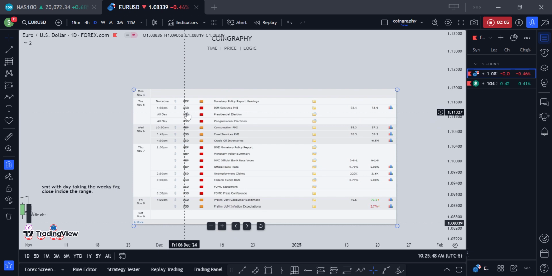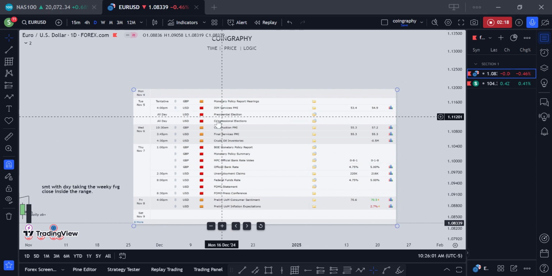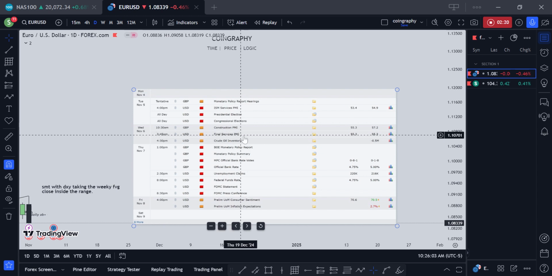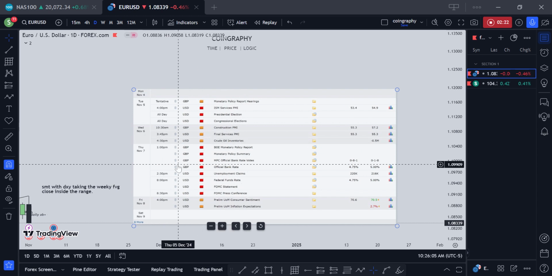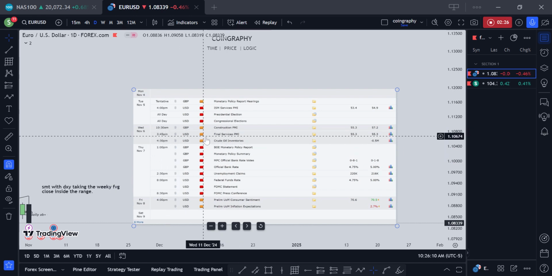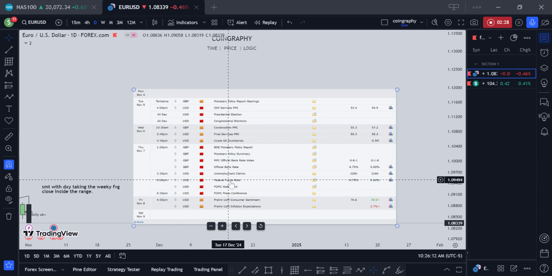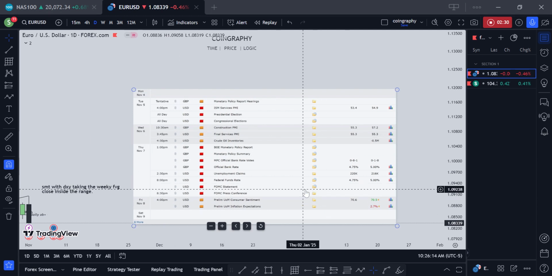To be on the safe side of the market, I would prefer to not trade on Monday and on Tuesday, to see the price action, because it's the US presidential election and things would stir up and there might be a choppy market. So I am going to stay away from trading on Monday and on Tuesday to see the price action for that week.